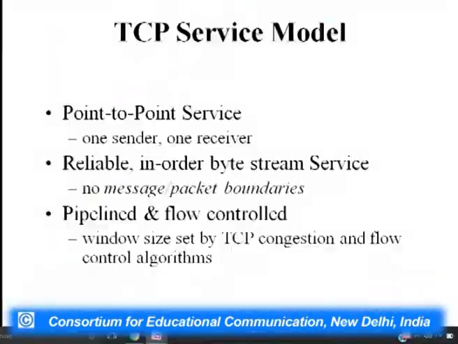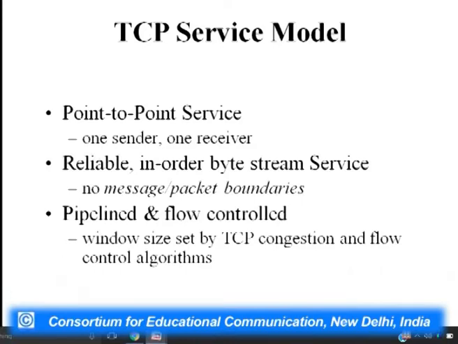Now, the TCP service model, if you look at it, is a point-to-point service. That means there is one sender, which is a process, and one receiver, which is another process on host 2. So, from a port or from a process, it delivers to another process. So, it is called a point-to-point service. Then it is a reliable, in-order byte stream service. It sends a few bytes of data, not a packet or what we call a segment.